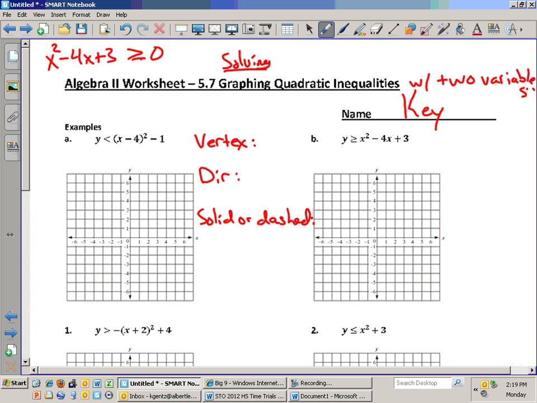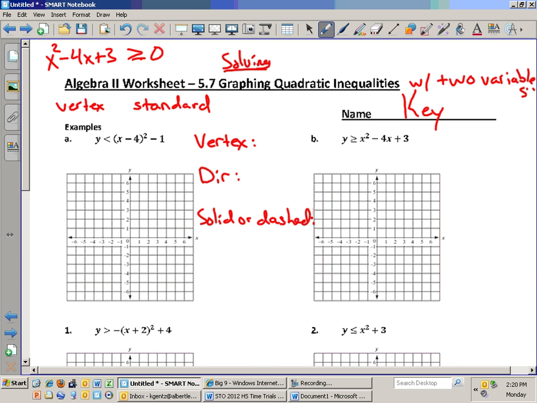First, we identify the vertex. If you remember that sheet that we had that talked about parabolas, both in vertex form as well as standard form, do you remember what form this is, vertex or standard? This is vertex form. Anytime you have a parentheses quantity squared, that generally means that it's going to be in vertex form.